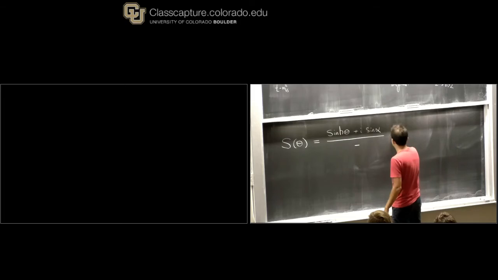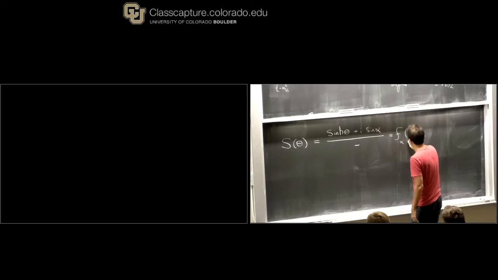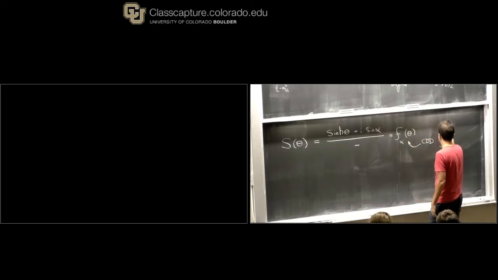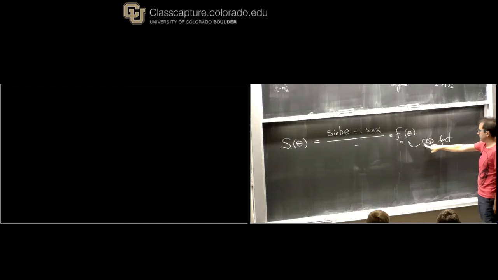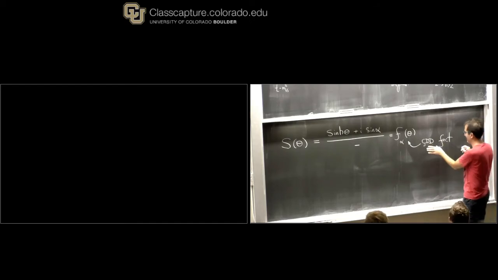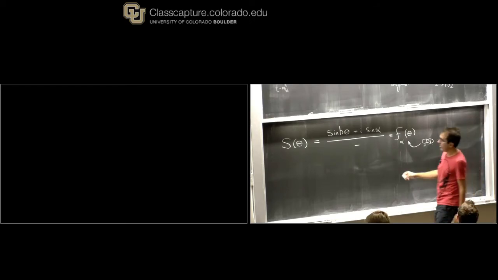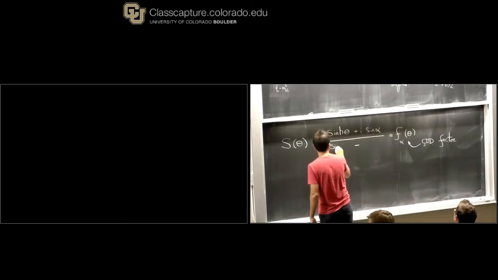And this factor here, I will even define it because it's going to be useful in the lectures, as F alpha of theta, and that is called the CDD factor. D is Dyson, this is Castillejo, and I forgot the other one. So this is a CDD factor. That's the form of this S matrix. It's a very simple S matrix.